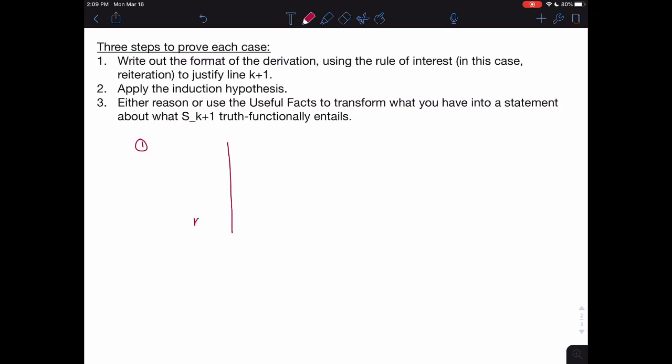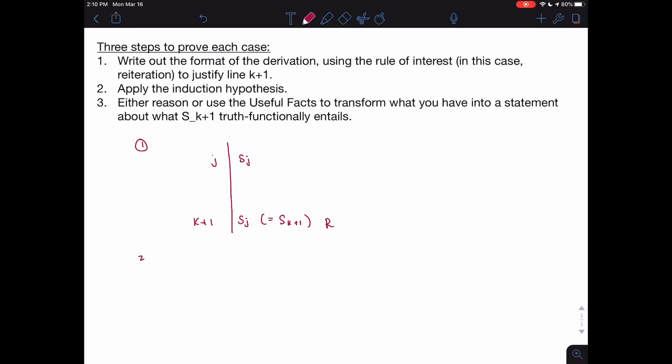Here's line k plus 1, and we're using reiteration to justify that line. Let's say there's an earlier line j, and the sentence at j is sj. At line k plus 1, we reiterate sj, and that's just sk plus 1, because sj just is sk plus 1, the sentence at line k plus 1. So that's step 1: we wrote out the format of the derivation using the rule of interest to justify line k plus 1.